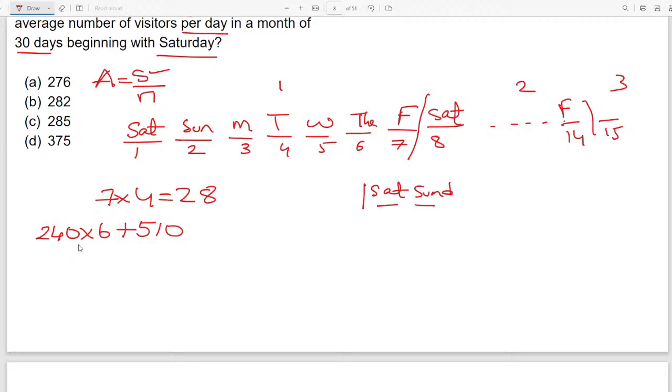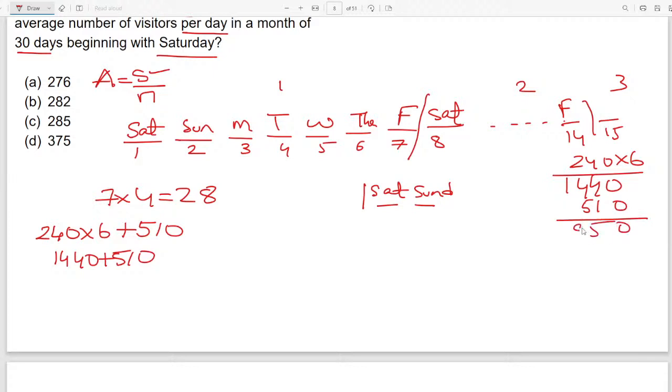So 240 into 6 is 1440. This is 1440 plus 510. If I add this 510 here, 1950. So 1950 is per week.